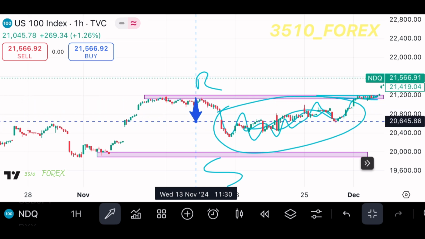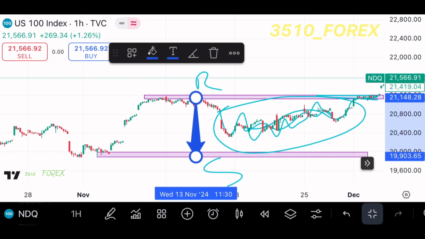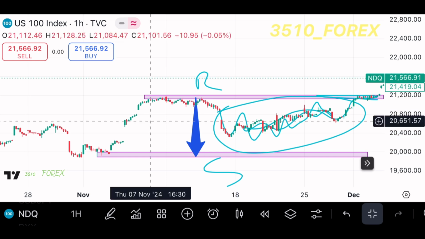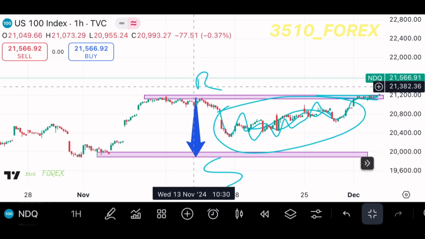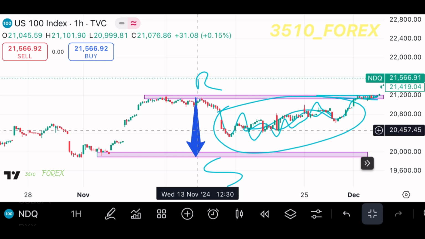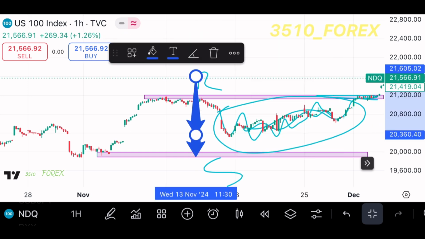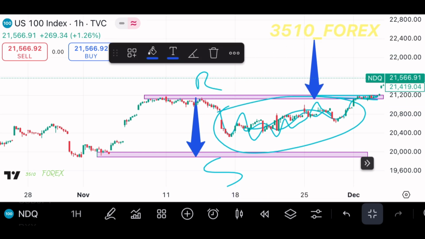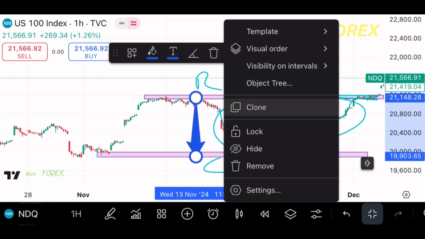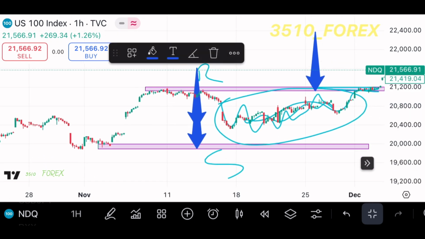On my side I'm using an arrow. I always use an arrow because it is easy to copy and paste. So right now I've measured the distance from my resistance right here to my support. This is the distance, right? So I'm taking this distance, copying it, and pasting it on top of my resistance. Then I'll be copying it again and pasting it on top of my support.